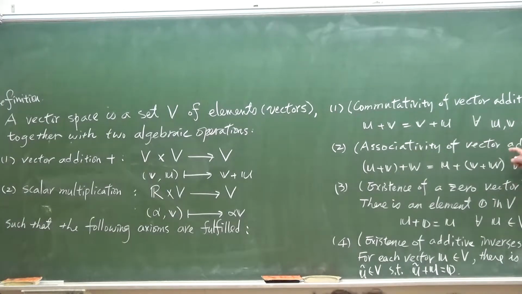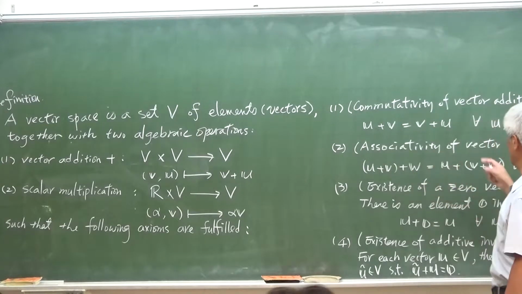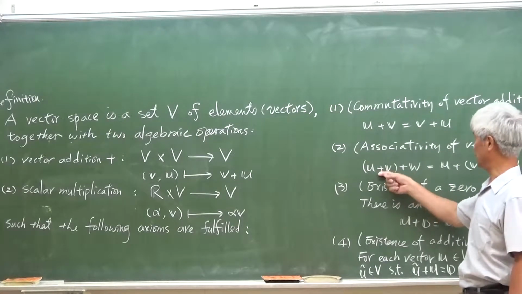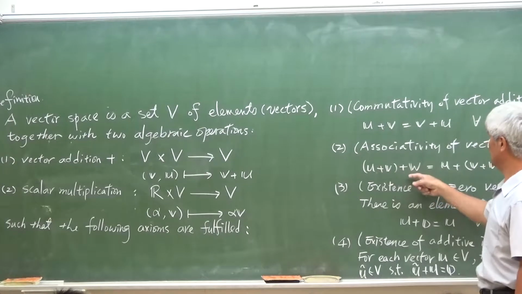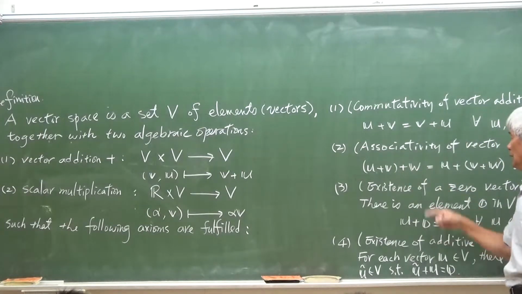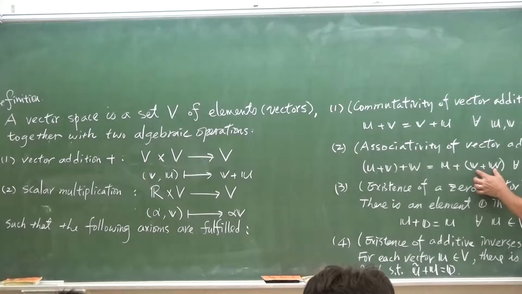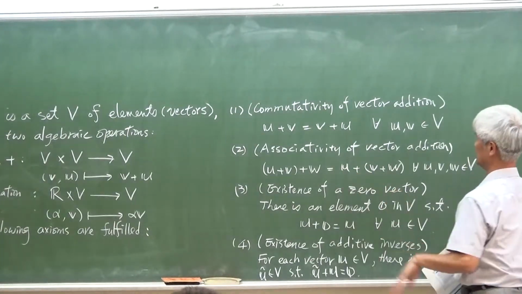And also we have associativity: if you want to sum three vectors together, you can first get the sum of the first two and then sum the result with W, the third vector. The result will be the same as if you do V and W first, get the result, and sum with U.